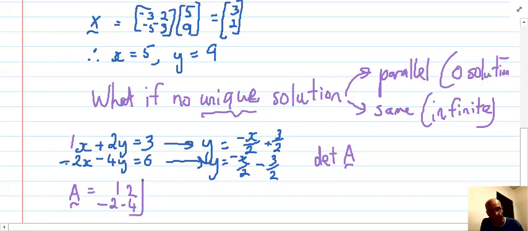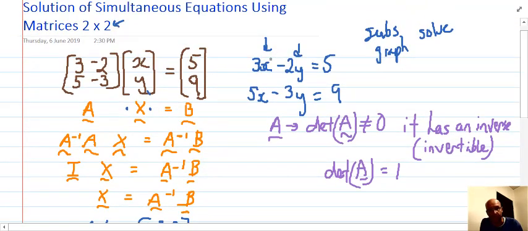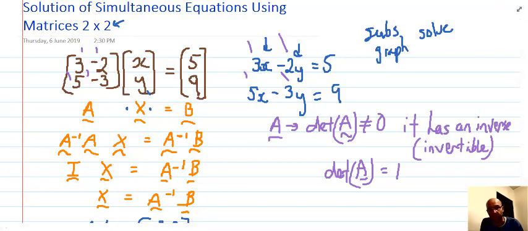Did you notice that earlier on, that matrix A is the coefficient matrix? Go back and have a look. Back up the top, we saw 3, negative 2, 5, negative 3. So A is the matrix of coefficients of the x and y terms.